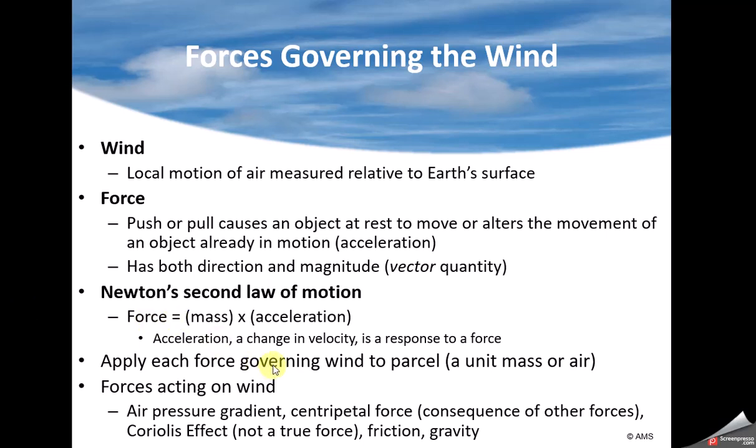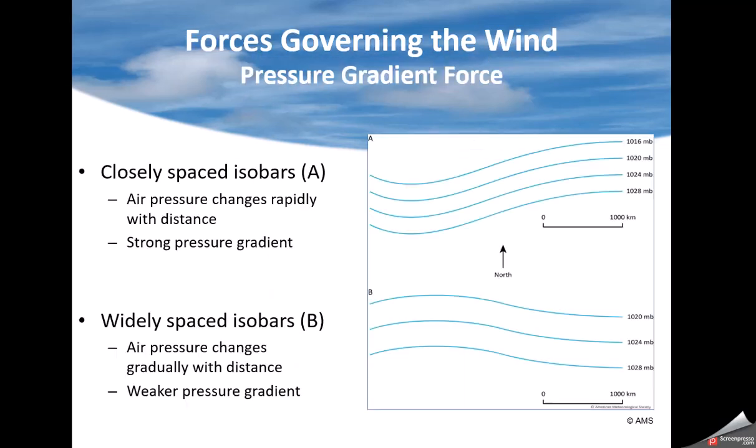So with that, there's a couple other things that apply to winds here. We're going to talk about air pressure gradient. We talked some about centripetal force, another interesting one, Coriolis effect, friction, all those. So the closer the isobars together, we've already talked about this, the more the pressure gradient is, and this is the strongest influence on winds.